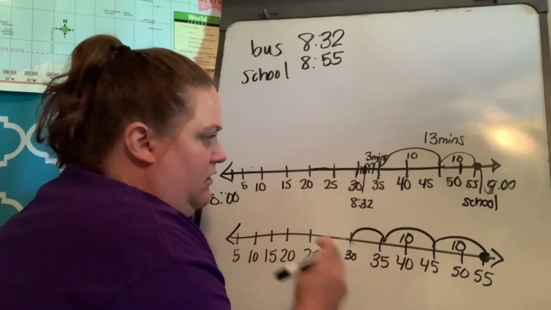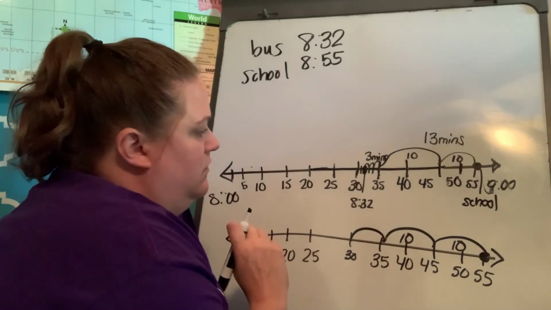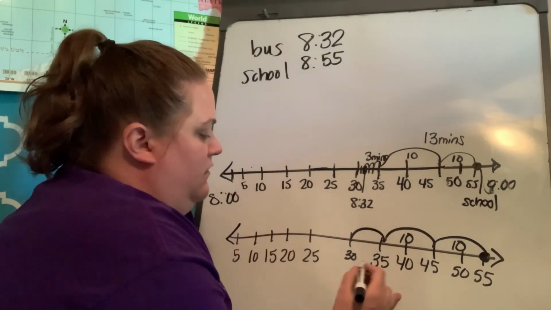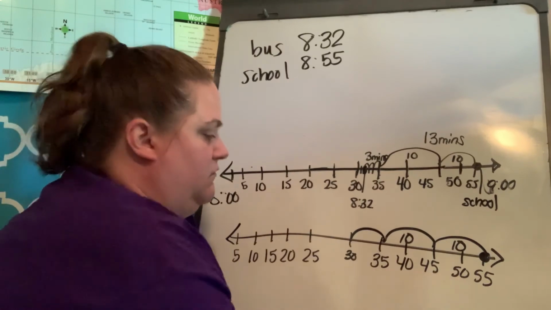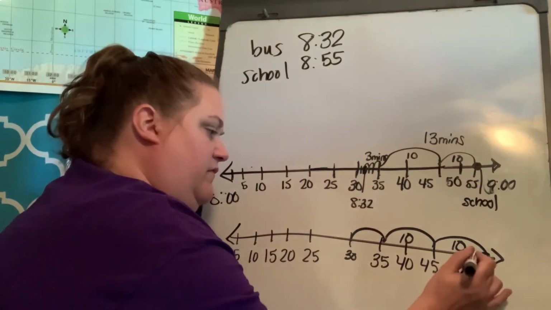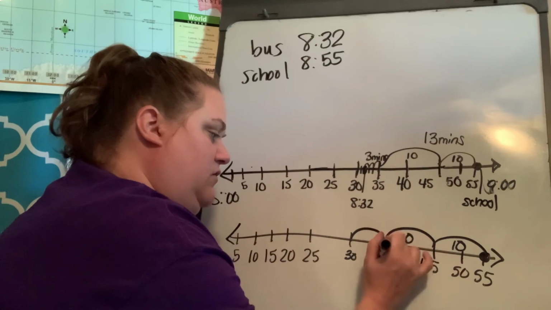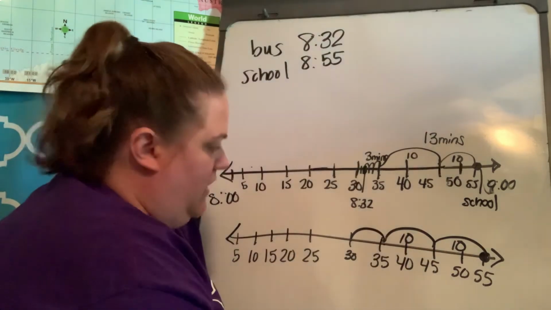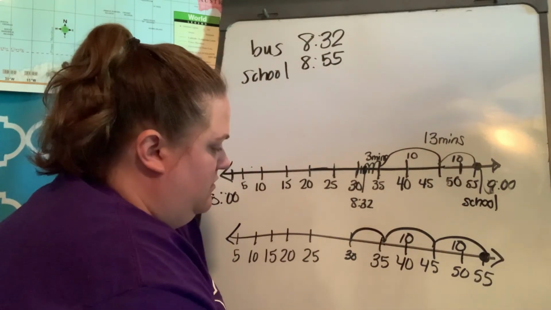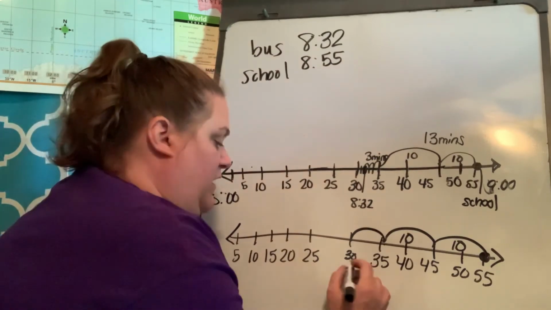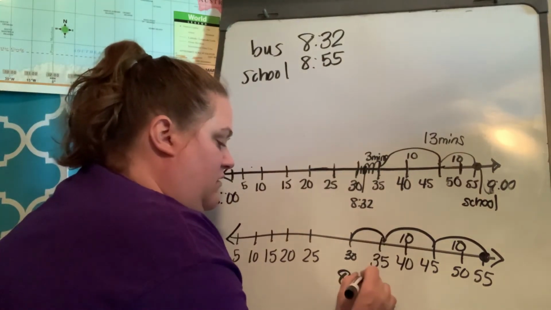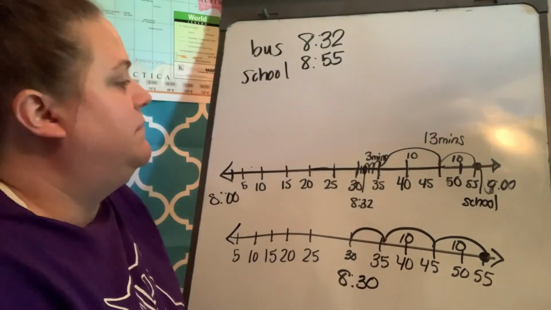I did something wrong here. 35, 40, 45, 50. So 5, 10, 15, 20. Correct. And 5 would be 8:30. I did something wrong somewhere.